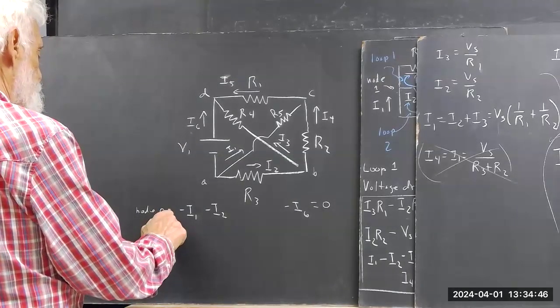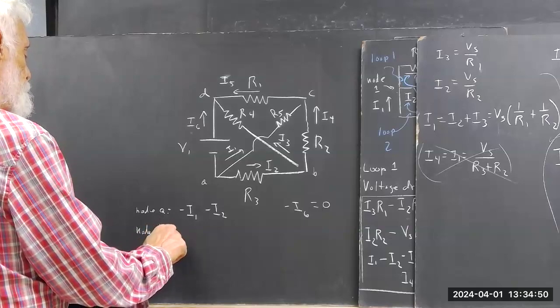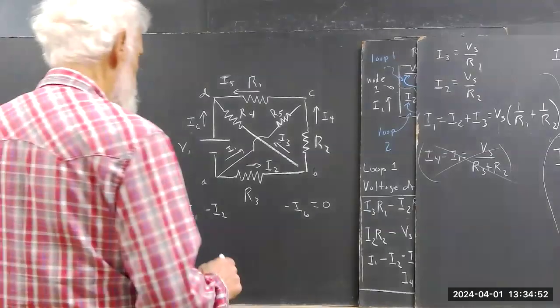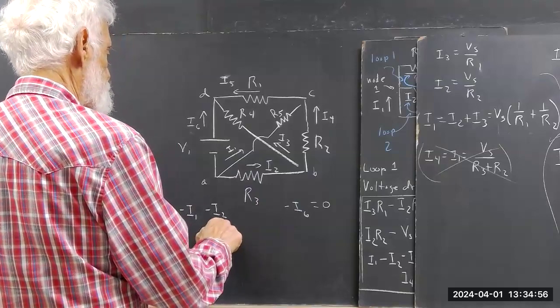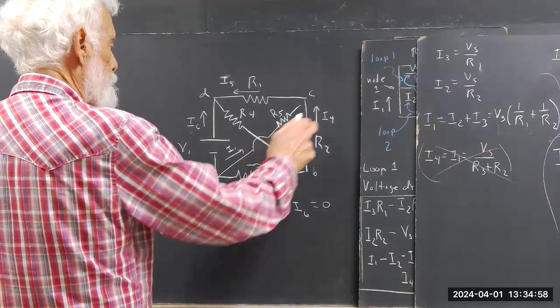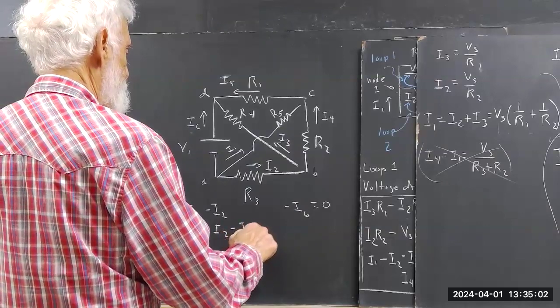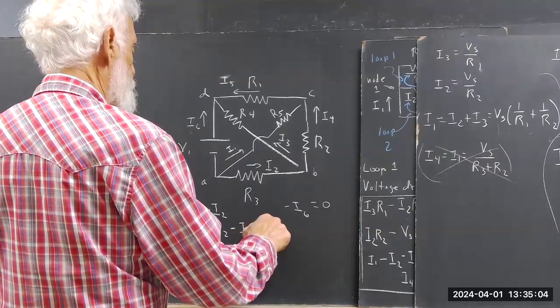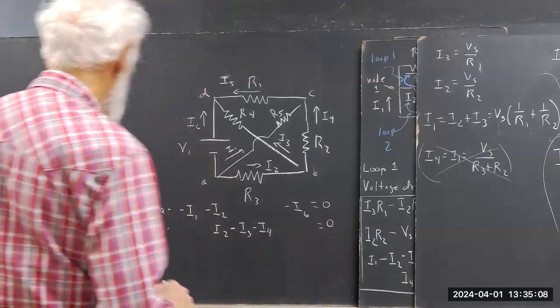Okay. Node B tells us that I2 is coming into node B, so that's positive. But I3 and I4 are going out, so minus I3 minus I4. And that's going to be 0.